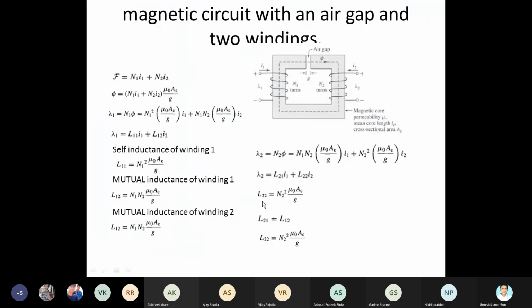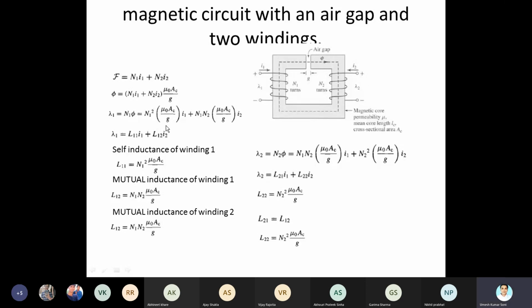Now you see this is a type of equation, as we know that the flux linkage is also equal to Li. So if we equalize with L1 I1 plus L12 I2, meaning inductance into current, that is the flux linkage in the primary, and mutual inductance into current of the secondary coil.